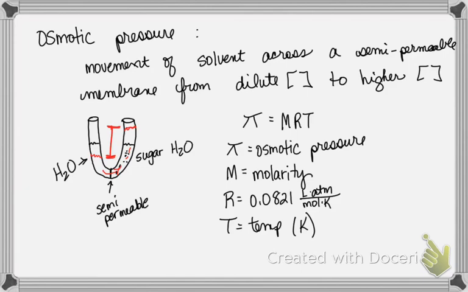But that's just some practical application of osmotic pressure, and there's a little bit more in your book with diagrams about that if you're interested. Because sometimes, for me, the practical application helps me to understand better what's going on, and it just makes it easier to learn.